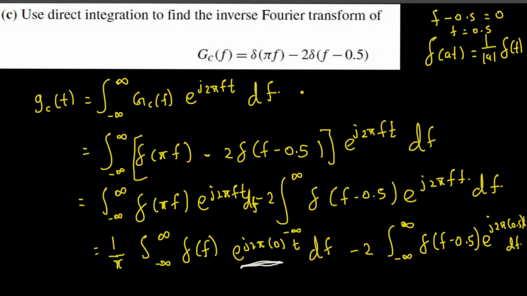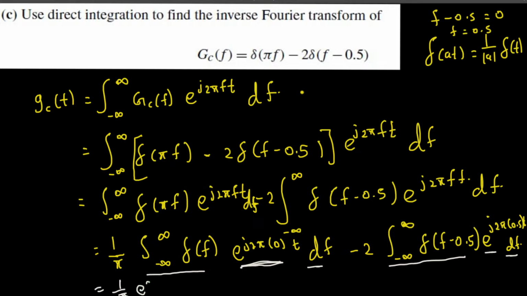The only integration left is of an impulse function, and integrating an impulse function always gives 1, so only the constants remain: 1 over π, and e^(j2π·0·t), which is just e^0.